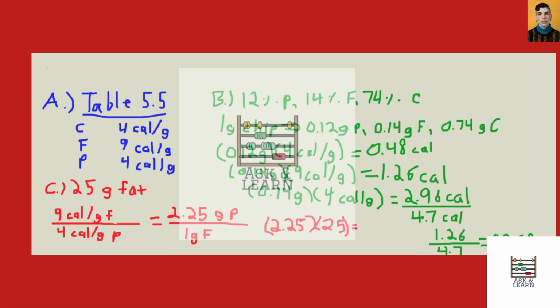So 2.25 times 25 is going to equal 56.25 grams of our protein. And that is how we do question number 90.